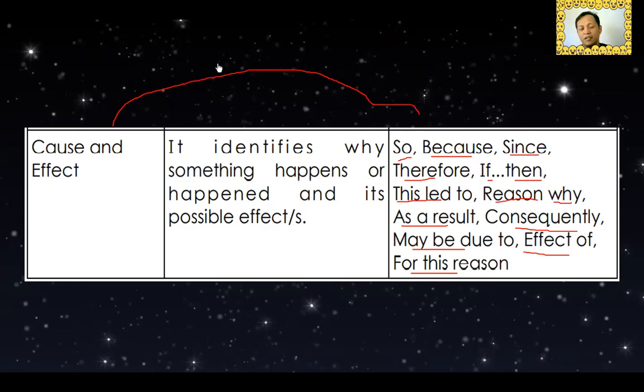For "reason why": improper disposal of garbage is the reason why we have flooding. People cut down trees; as a result, there is an occurrence of flash floods.